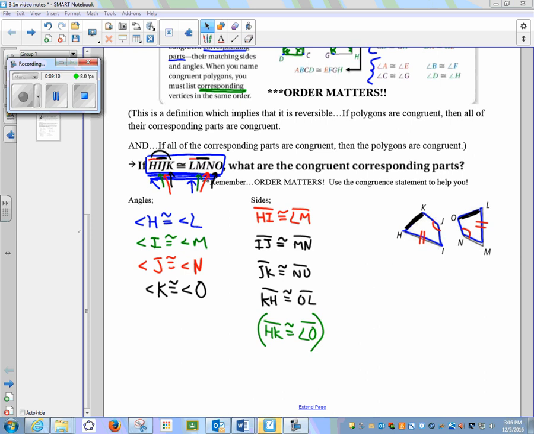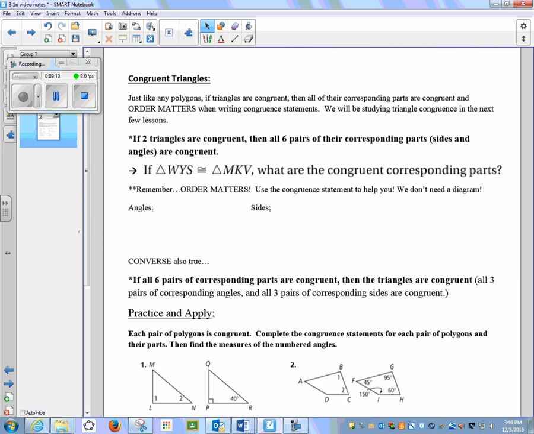Okay, good. If you look at the other side, when we're talking about congruent triangles, it's just the same as any other polygon. All of the parts are going to be congruent. We're breaking down triangles here because, like I said, the next few lessons are going to be all about congruent triangles. So we want to focus on what happens with congruent triangles and congruent statements. So in this one, they don't even give us a diagram. This is the symbol for triangle, don't forget, right? So the angles are going to be angle W congruent to angle M, angle Y congruent to, what would it be?